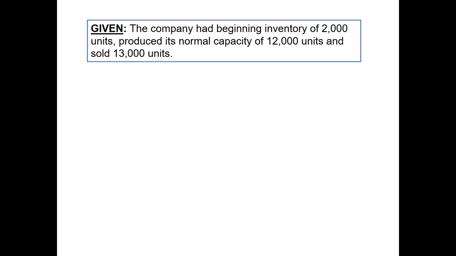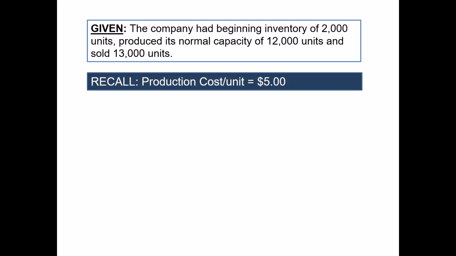To value the ending inventory, we'll need to recall that we had beginning inventory of 2,000 units, we produced 12,000, and sold 13,000 units. We computed our production cost per unit to be $5.